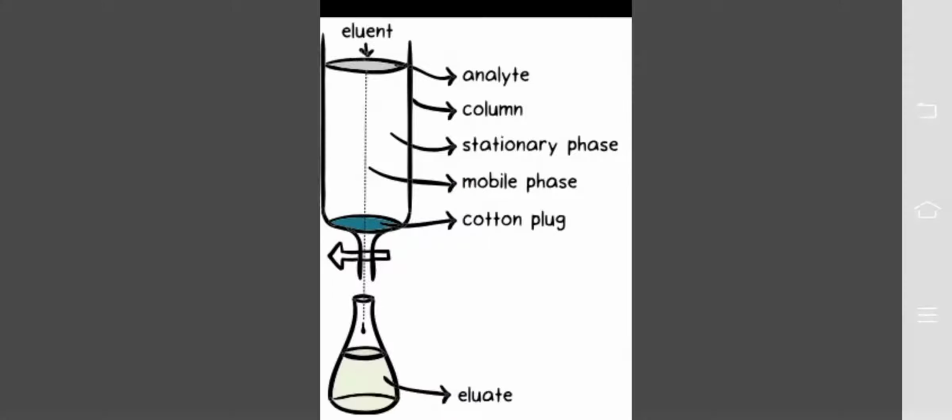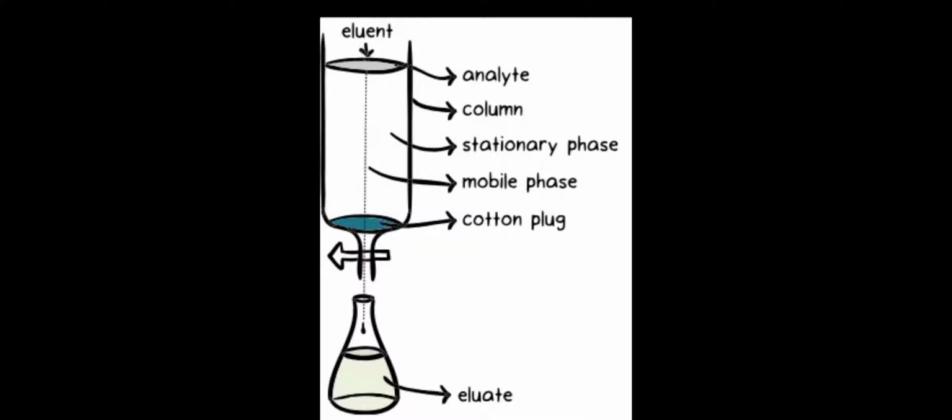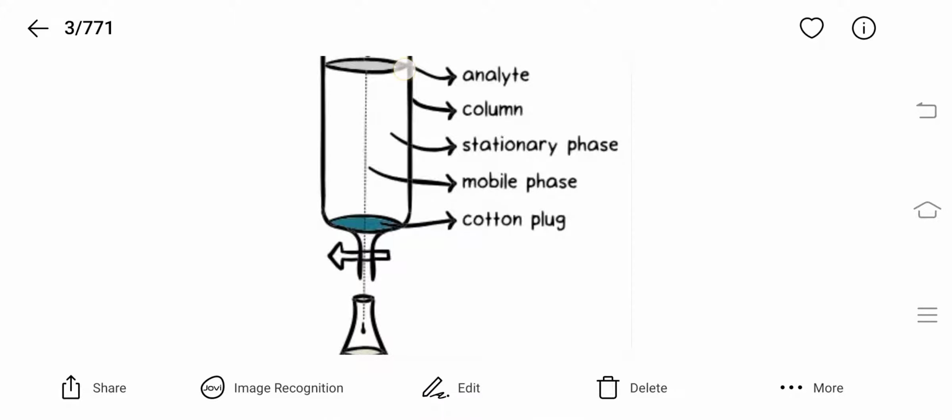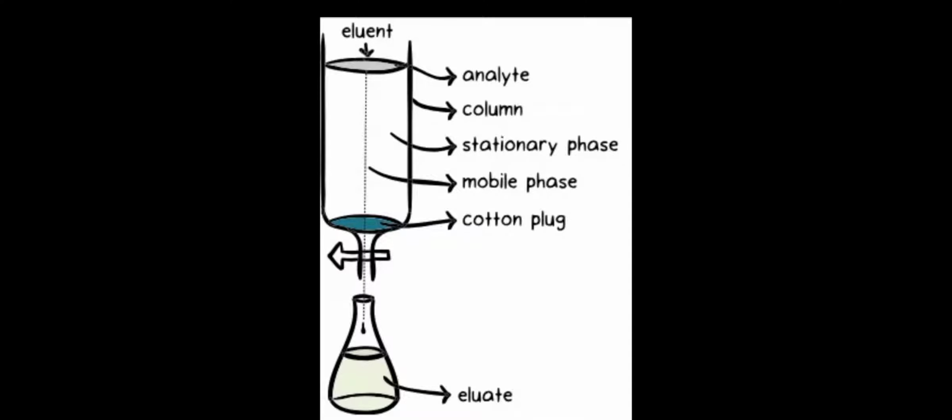This is the cotton plug which is needed in column chromatography, and the analyte is the sample, and the eluate is the eluent, that is the inert chemical, plus some part of the sample, because the components of the sample are divided into two phases.